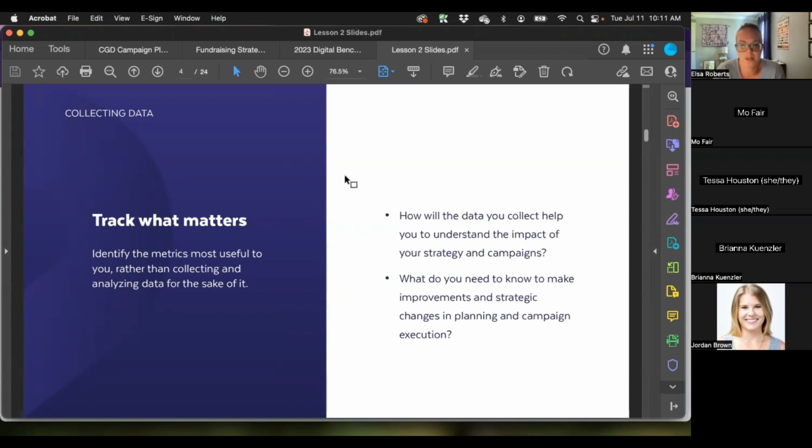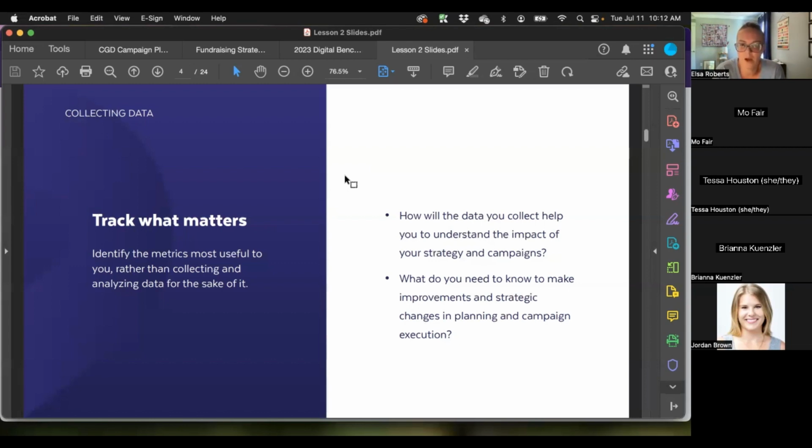So when you're thinking about what data to collect, you want to think about what is going to be useful for your decision making. How will the data that you collect help you to understand the impact of your strategy and the campaigns that you're running? And what do you need to know to make improvements and strategic changes in planning and campaign execution?